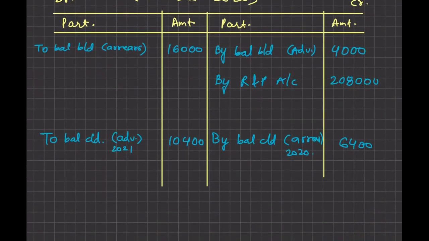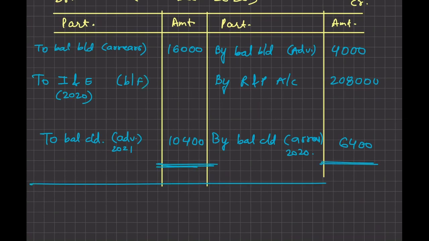Now the only thing left is how much is the income and expenditure for the year 2020. That will come as a balancing figure on the debit side. So the only thing I need to do is the totals. This would be on the debit side 2,18,400, and from this 2,18,400 I will deduct 16,000 and I will deduct 10,400.